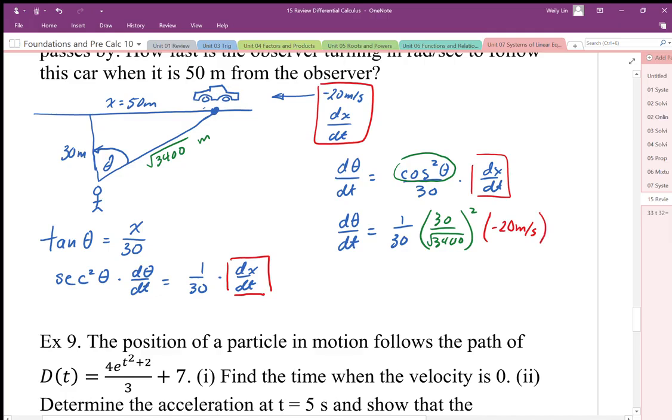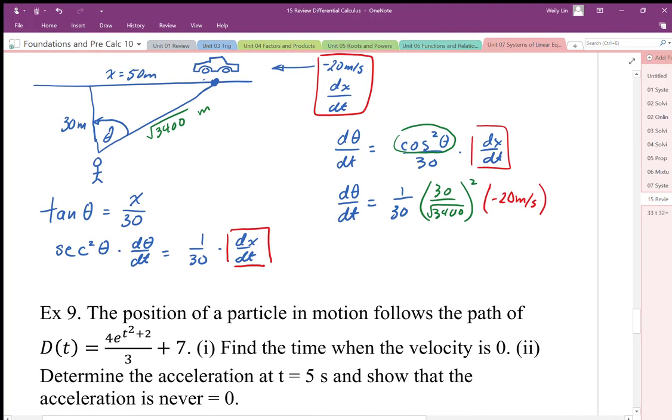Okay? And so when I work this out, one of the 30s cancels out, so I end up with negative 60. So 30 times 20 is negative 600, and the square root of 3400 squared is 3400.